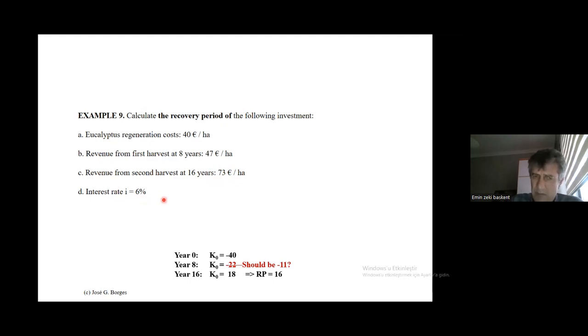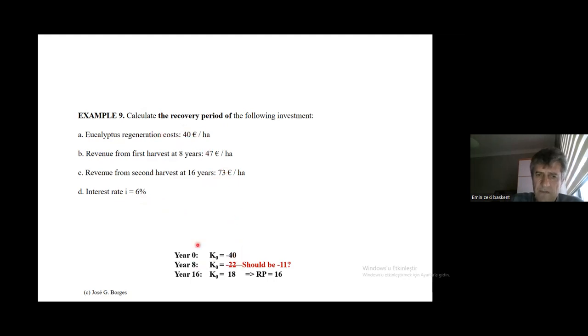Okay, recovery period means that the net present value becomes positive, starting from positive, that means 0 and onwards, okay. So at the age of 0, of course, as you can see, there is only regeneration cost, which is minus 14.